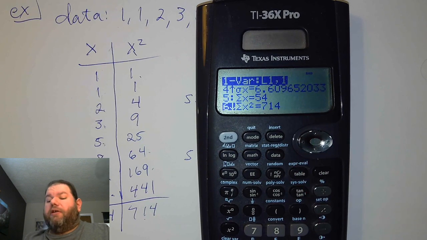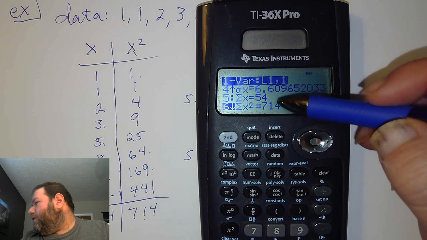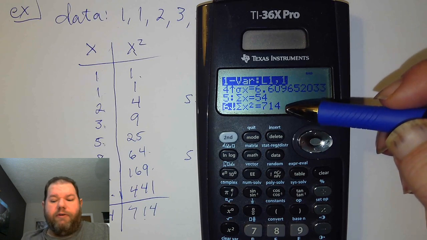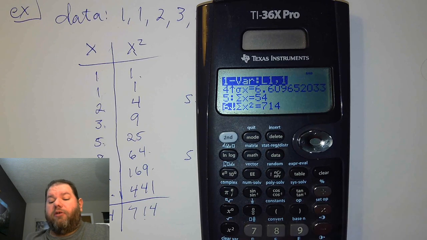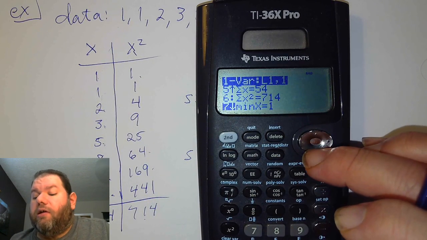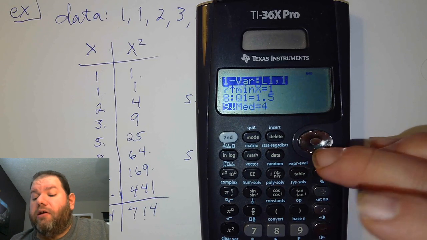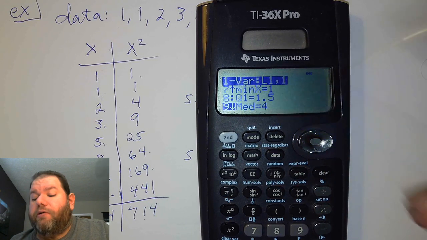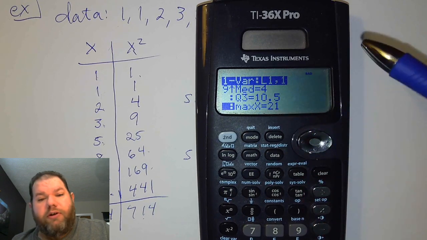Now, it actually did the calculations for the sum of the x's, 54, as we found, and the sum of x squared, 714. So if we wanted to go back and double check, we could actually use those numbers without making the table that we did. It also has the minimum value of 1, median value of 4, and then the maximum value is 21.